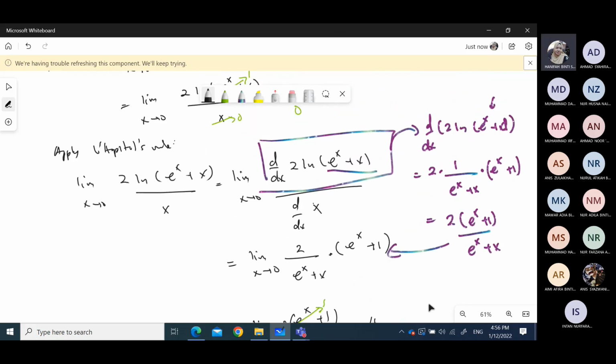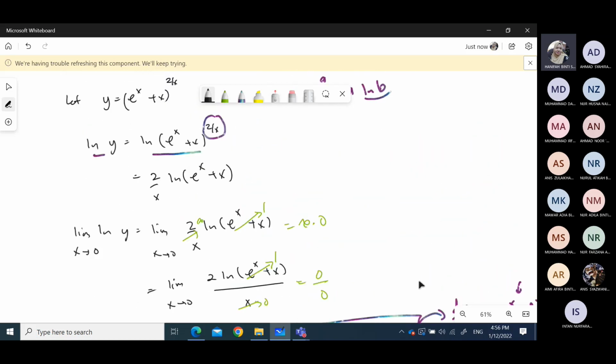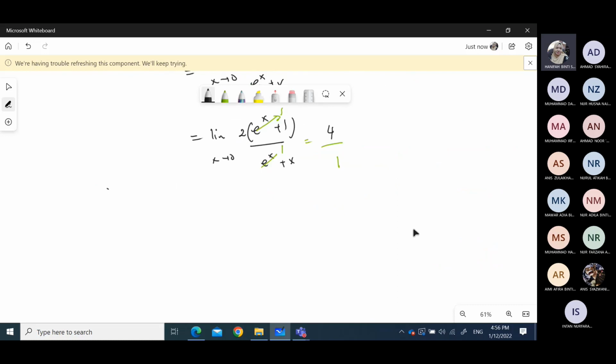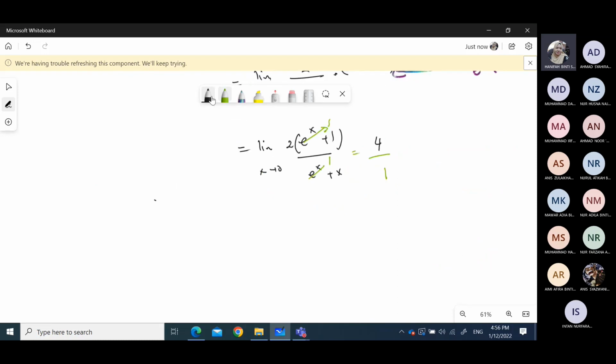Right, very good. Okay, so kena ingat yang ini adalah indeterminate power. So, untuk indeterminate power, at the end of the day, the answer you need to take exponent left hand side and right hand side.